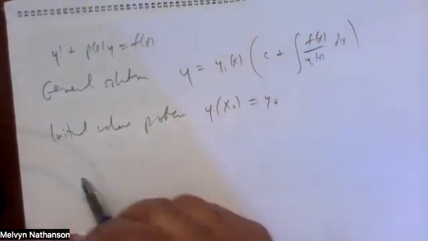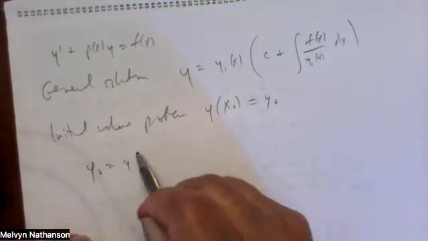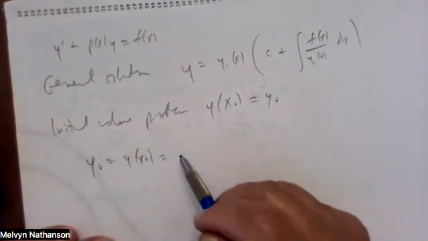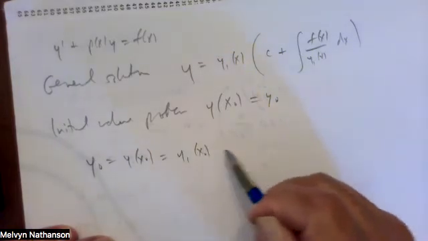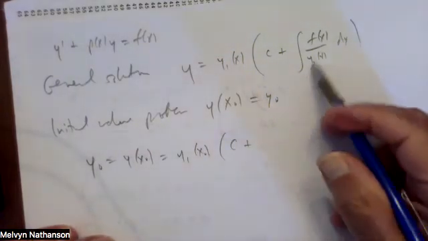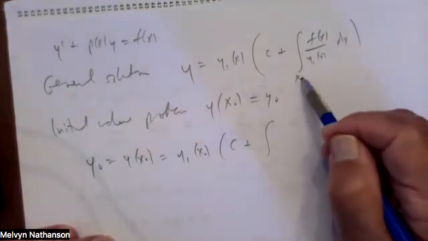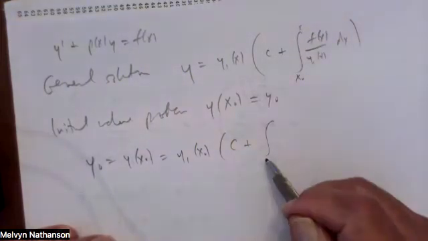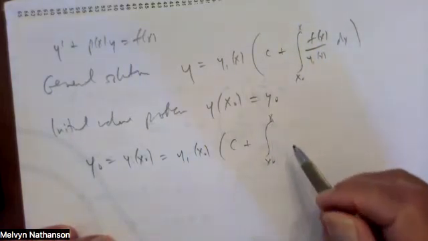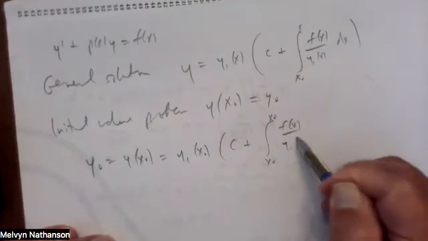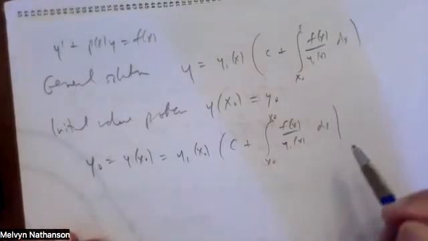You would get y of x naught, which is y naught, is y1 of x naught times c. Let's just take a particular integral. Let's make this the integral from x naught to x of f of x over y1 of x dx.